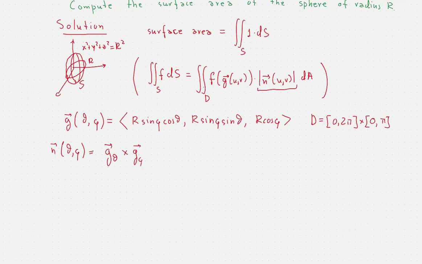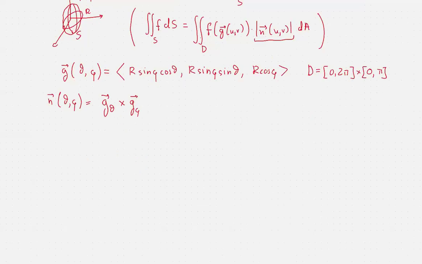So what is g sub theta? We will have r sine phi, and the derivative with respect to theta is negative sine theta. So I'm going to put negative sine theta for cosine theta. And then we're going to have r sine phi cosine theta.